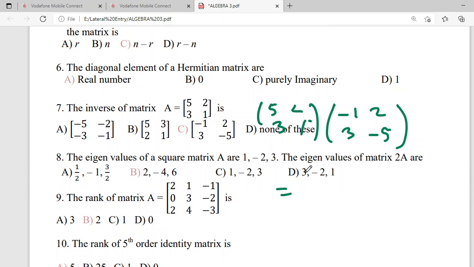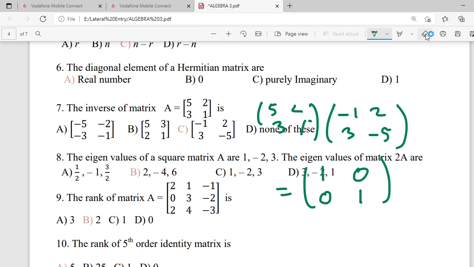So how much will you have? 5 into minus 1 is minus 5 plus 6, it is 1. Then 5 into 2, it is 10 minus 10, it is 0. Then 3 into minus 1 is minus 3 plus 3, so it is also 0, and 3 into 2 is 6 minus 5, it is 1. So this we have identity matrix. So it is by trial and error method we will have it.